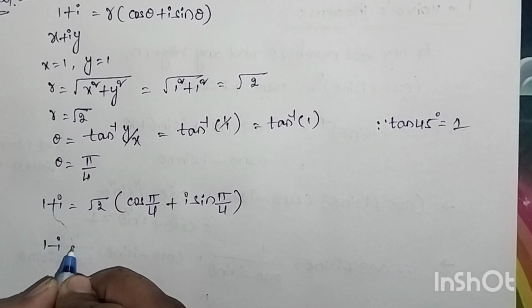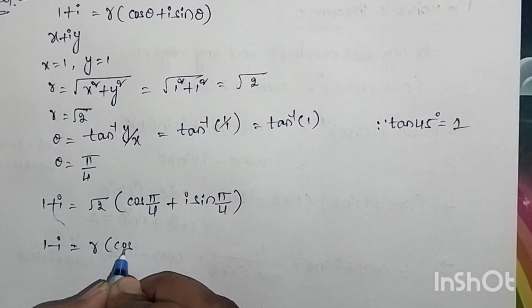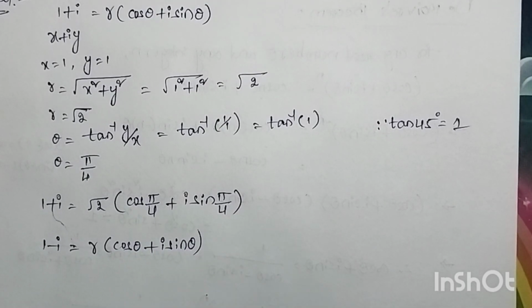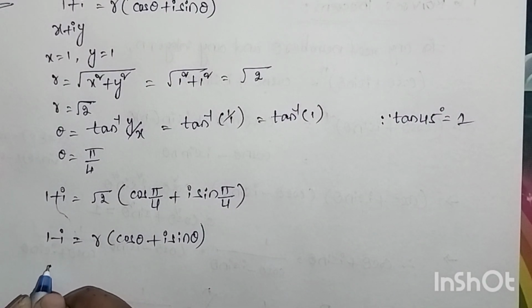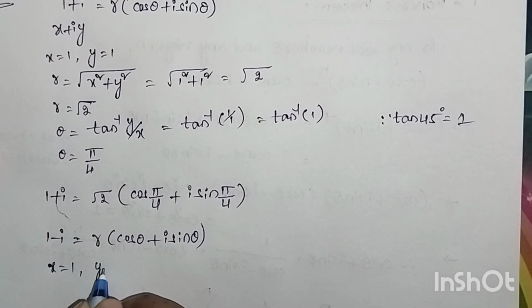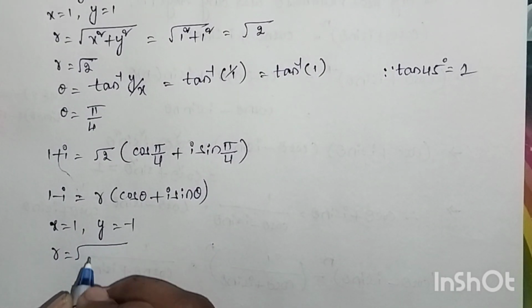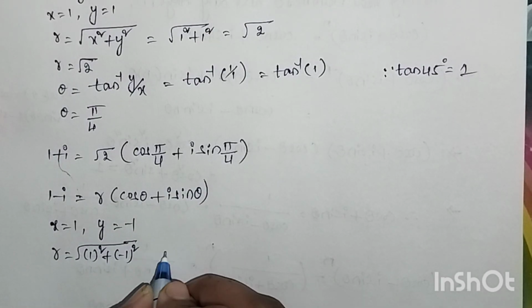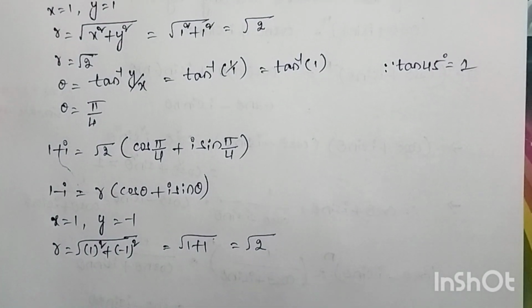1 minus I equals R into cos theta plus I sin theta. The same formula we can use. So x is equal to 1, y is equal to minus 1. R is equal to the square root of x square plus y square, that is 1 square plus minus 1 square, that equals 1 plus 1, again root 2.